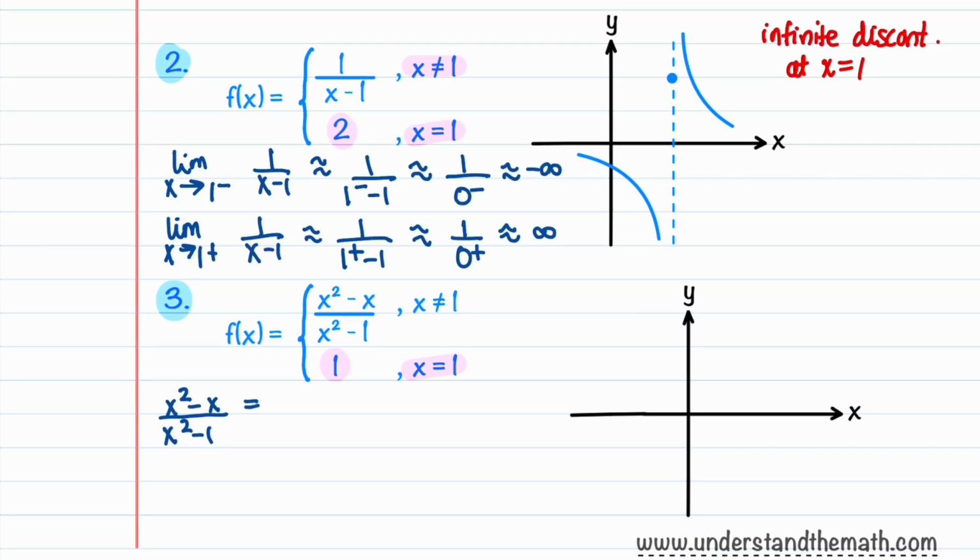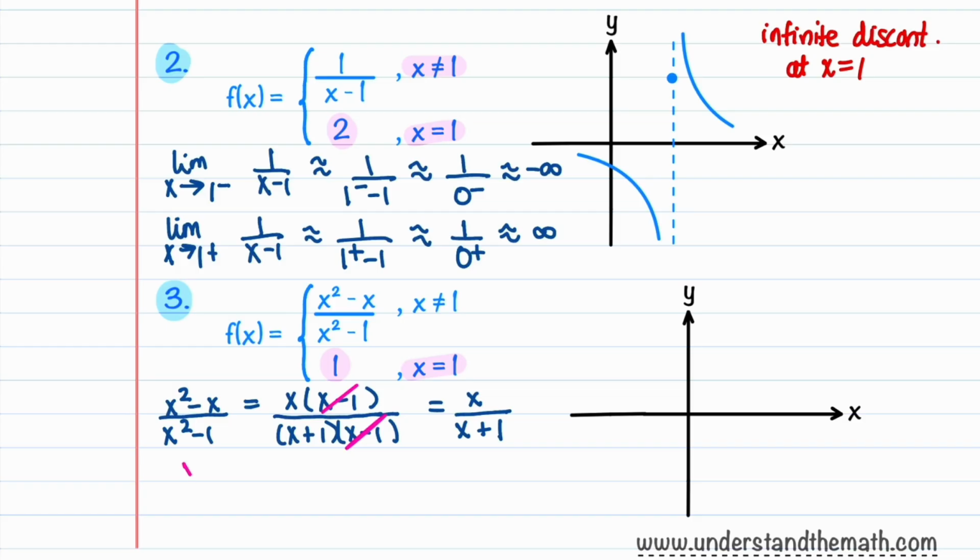We can definitely factor it. In the top, let's pull out an x, so we have x times x minus 1. And in the denominator, we can factor that as x plus 1 and x minus 1. Now let's notice that these two terms cancel out, and we can write this as x all divided by x plus 1.